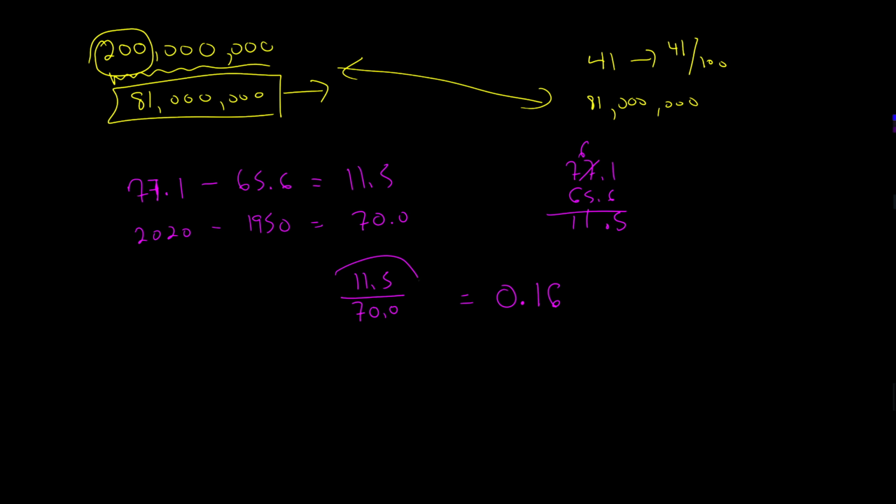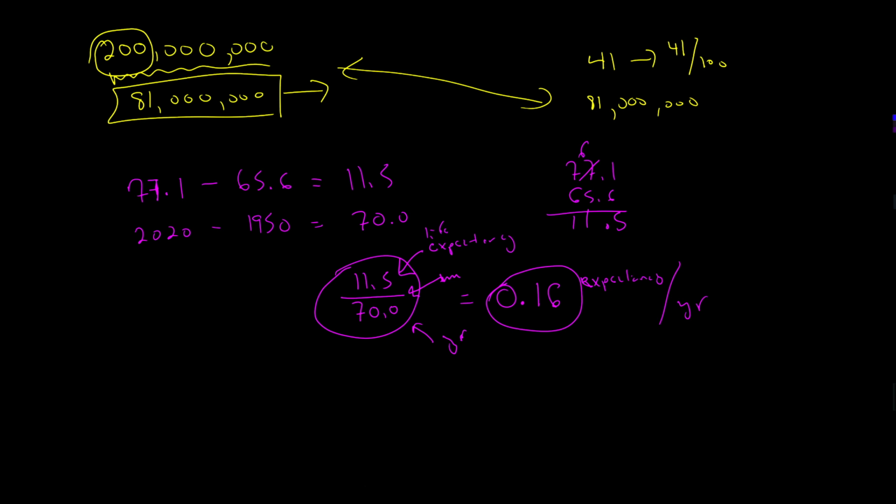And what we've done is, this is the expected life expectancy increasing per year. And notice my language, I'm using per to talk about the division. So this is life expectancy increase per year, and we've created a rate.